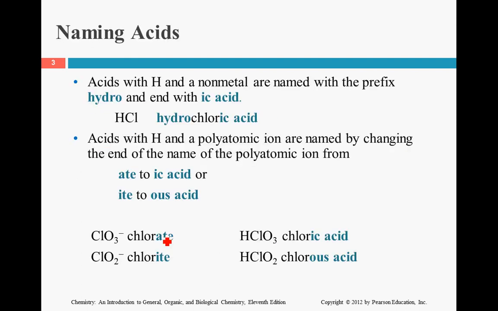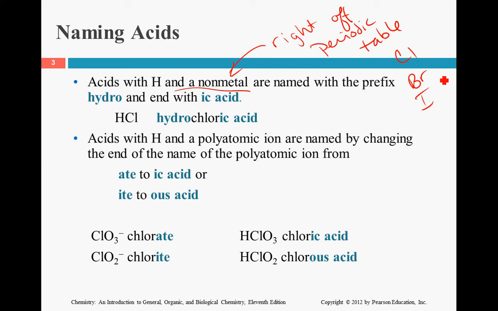So when we're naming acids, there's a couple different things you're looking for. One is if it's just bonded to a nonmetal, if it's coming right off the periodic table, like chlorine, bromine, iodine.